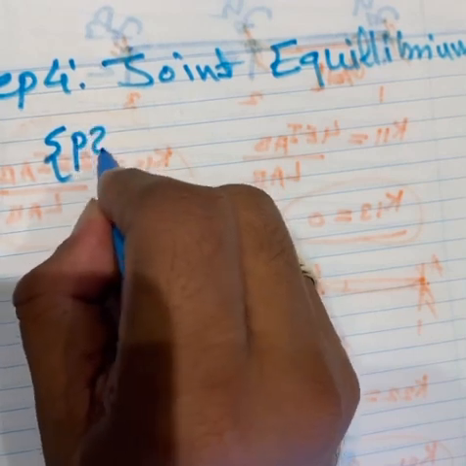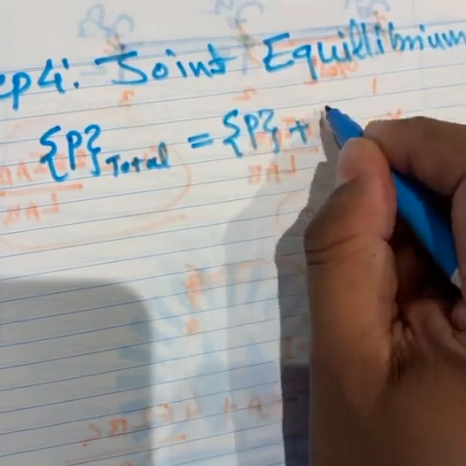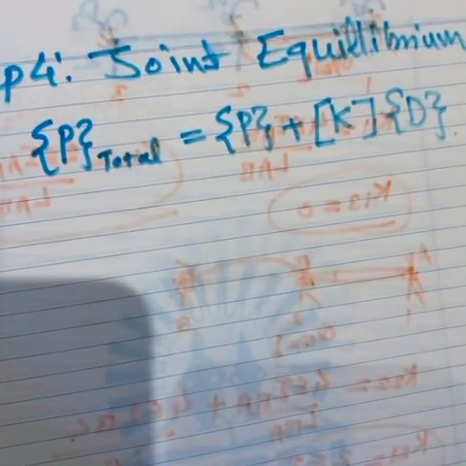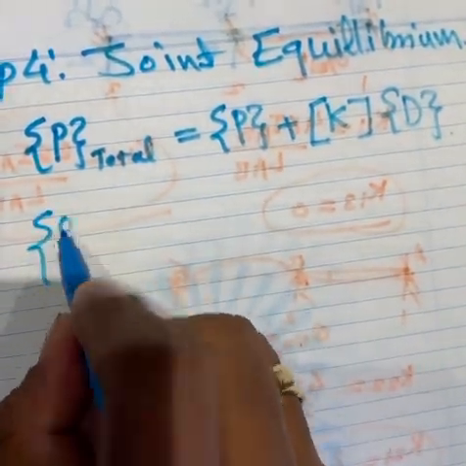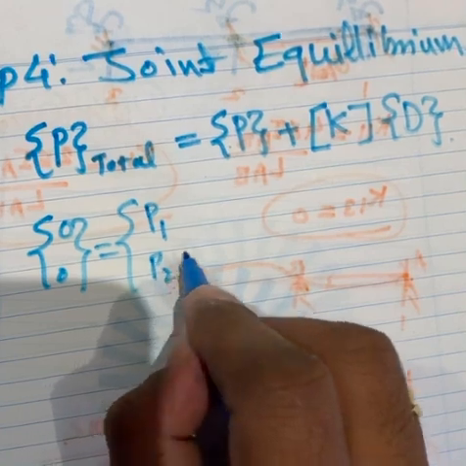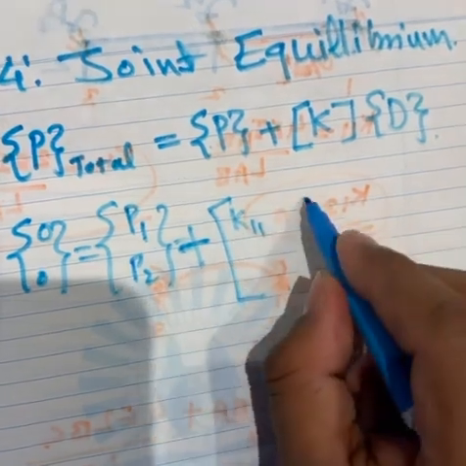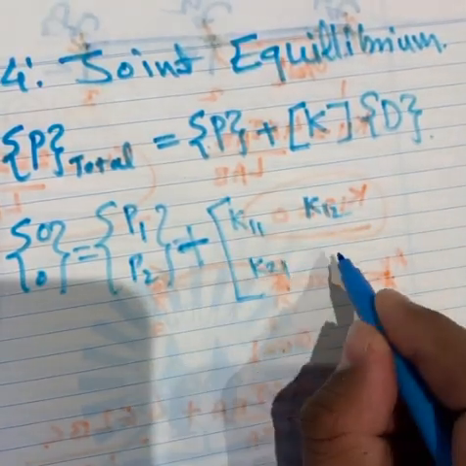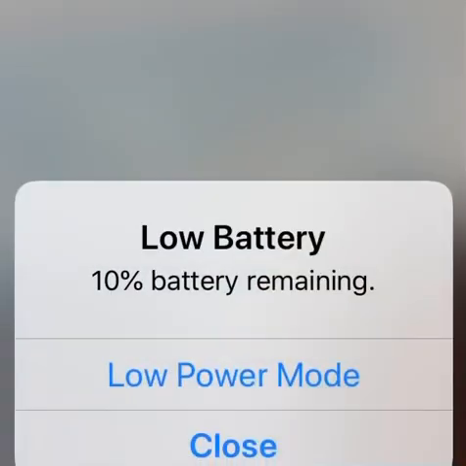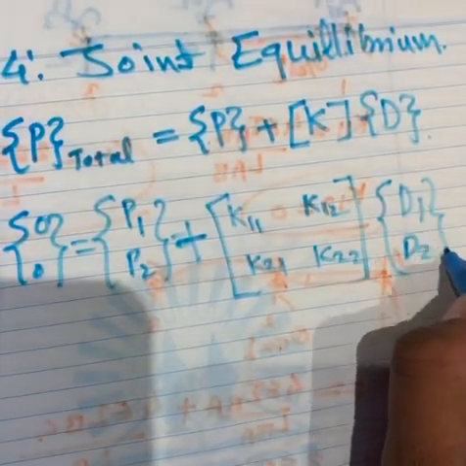It will be P total is equal to P plus K into D, and it's very simple. Suppose it is a 2 by 2: P total is 0, 0, then P1, P2 are the joint loads, plus the stiffness matrix K11, K12, K21, K22, multiplied by D1 and D2.